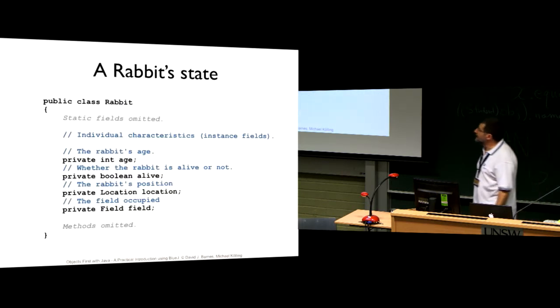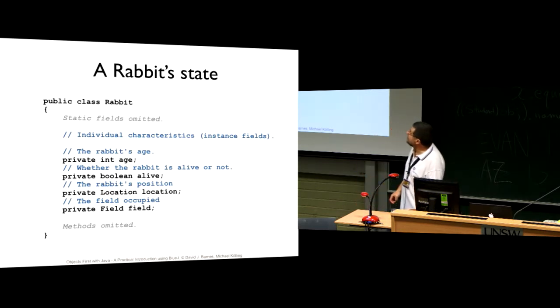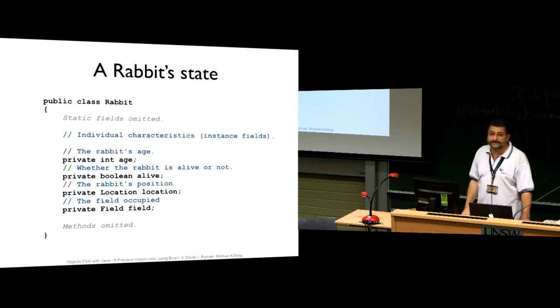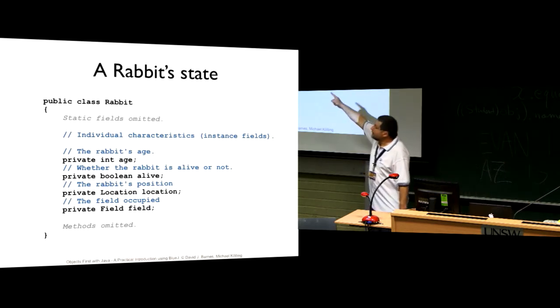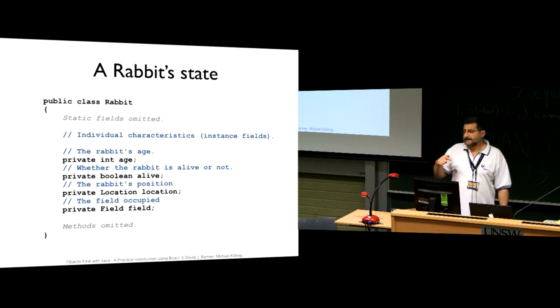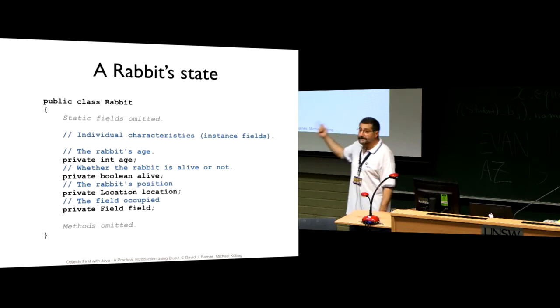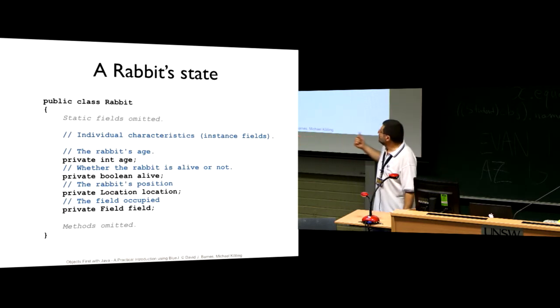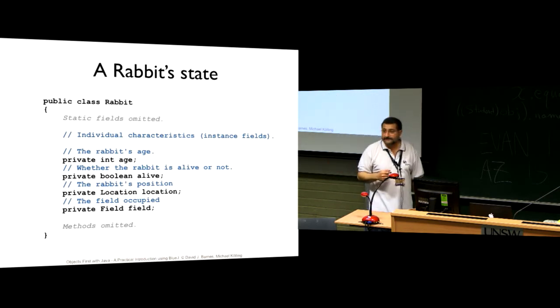All right, let's have a look at the main fields inside the rabbit class. I only got the main things here. We want to know how old the rabbit is, because that's going to govern breeding, whether it's going to die, when it's going to die. And we obviously have to know whether it's alive or dead.